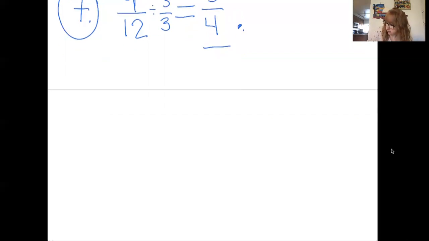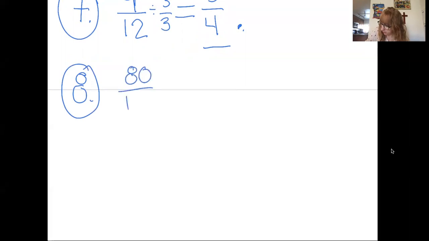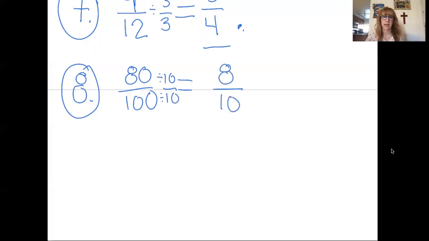Number 8, if we're looking at simplifying fractions again, we have 80/100. Again, we want to divide both the numerator and the denominator by the same number to get a smaller fraction. Let's start with 10, because we know that 10 can go into 80 and 100 evenly. So we're going to divide by 10/10. 80 divided by 10 is 8, and 100 divided by 10 is 10.